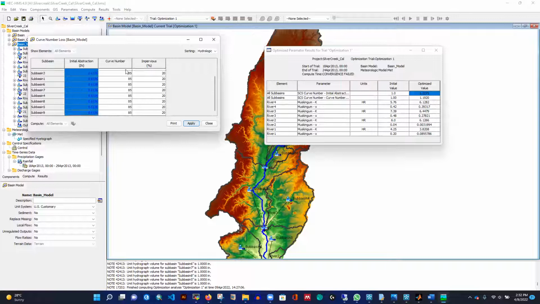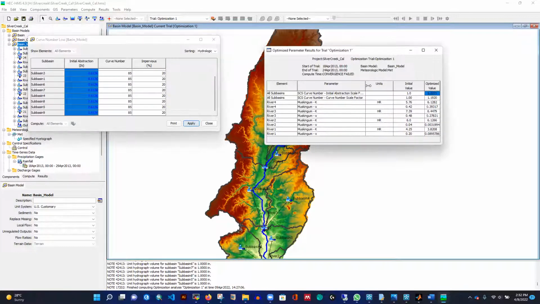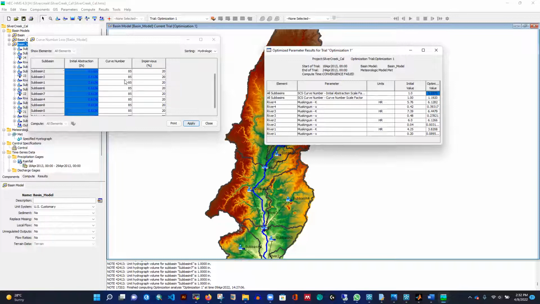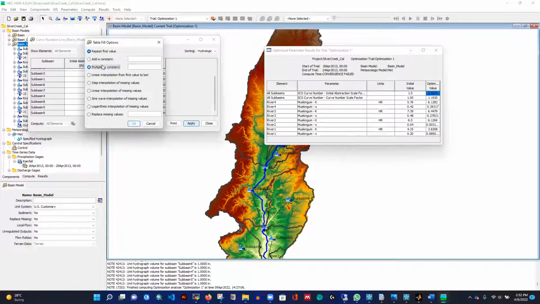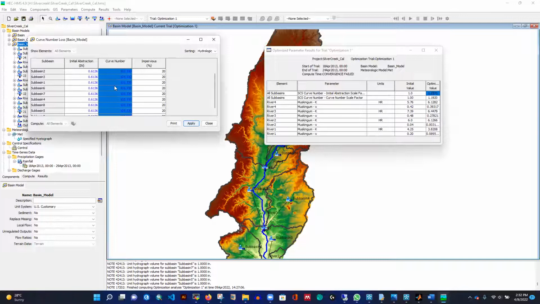So now we are getting this one. Another one is the curve number, this one, curve number scale factor. So this curve number should be multiplied by 1.192. So select all this curve number at once and right click and fill, and again multiply by a constant, 1.192. Okay, and then we have this.